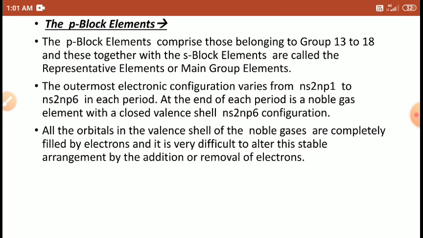So in the p-block, the electrons are shifted from 1 electron in the p orbital to 6 electrons in the p orbitals.